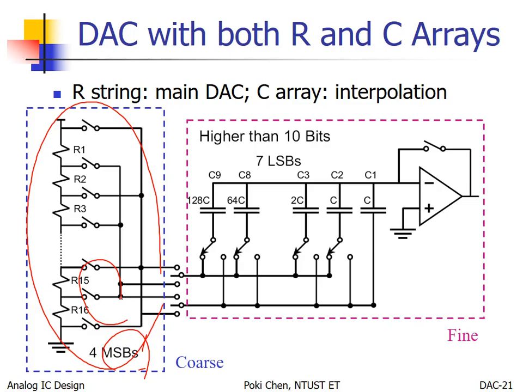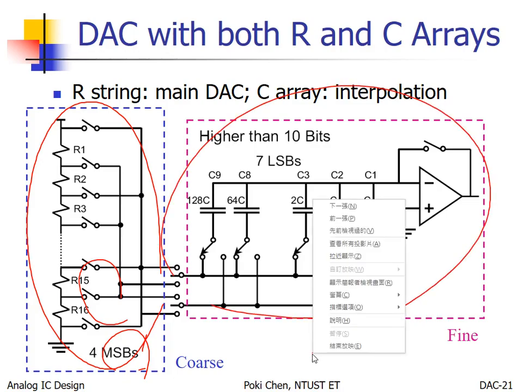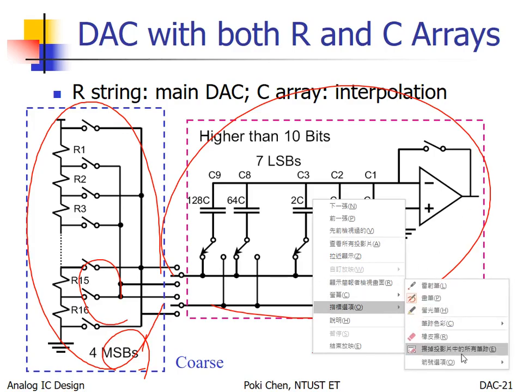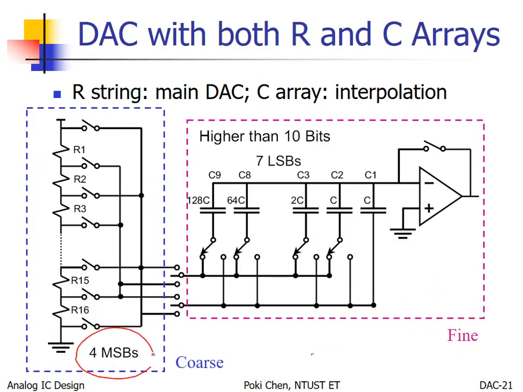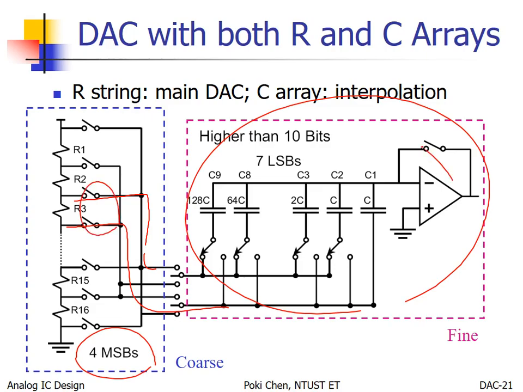After that, we have the capacitor array. After you select according to MSB, for example, you select this one and that one, we select 2 voltages for the LSB capacitor array to do further voltage division.